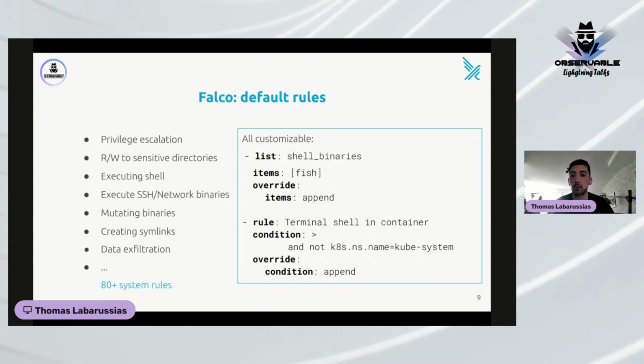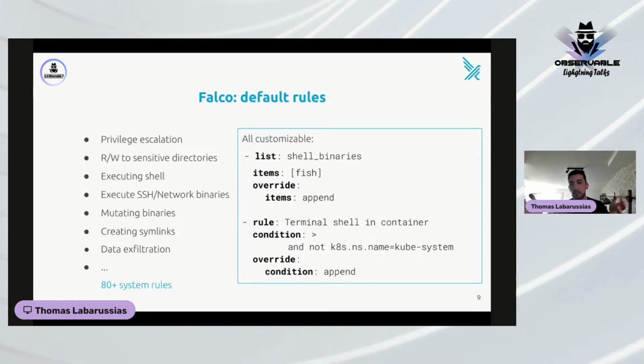Of course, you are not alone with Falco. We know it can be tricky to write rules at the beginning. So the community and the maintainers provide a set of default rules. We are trying to cover as many attack patterns as possible that you may find on the wide internet.